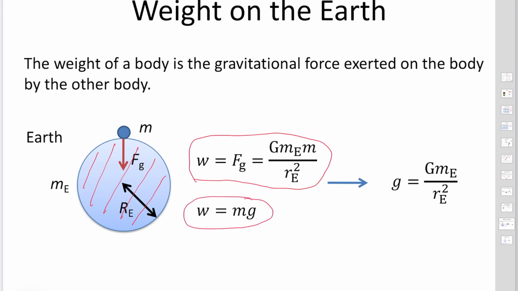From these two equations, these should be equal. Then m is going to be cancelled out. Then g, gravitational acceleration, is equal to G times the mass of the Earth over the radius of the Earth squared. So actually this Re is equal to R sub E.